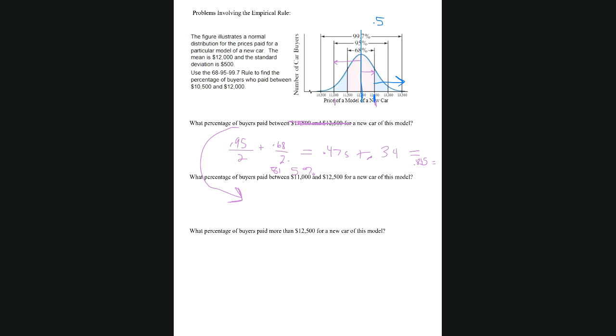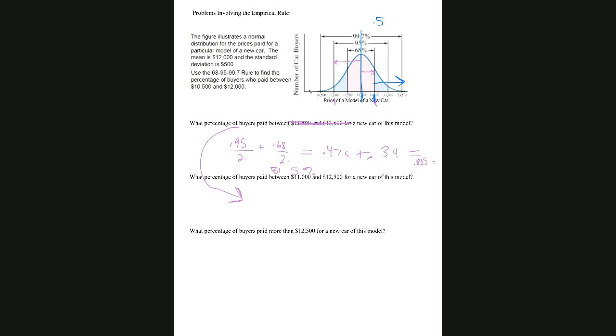So I'm in luck because I know that from the mean over to 12,500 is half of 68% of the data. So 0.68 divided by 2 is 0.34.